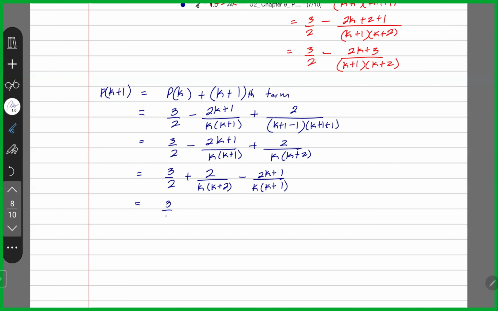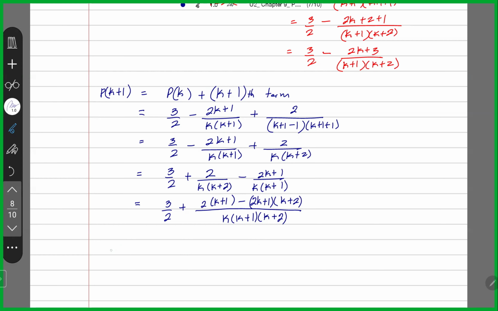The LCM here is k plus 1, k plus 2. So we have (2k plus 1) here minus (2k plus 1). And then we have k plus 2.